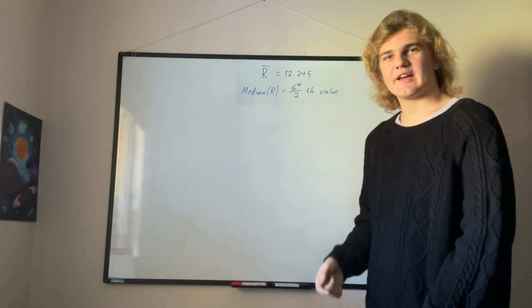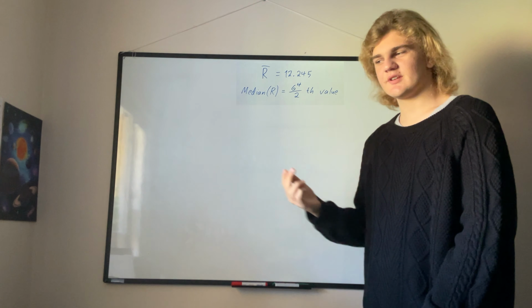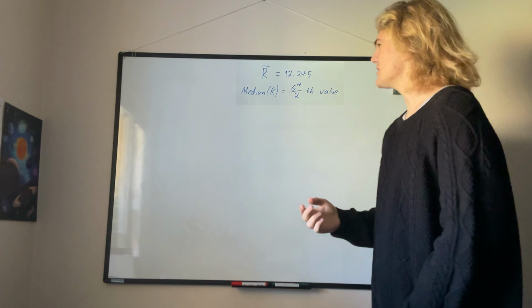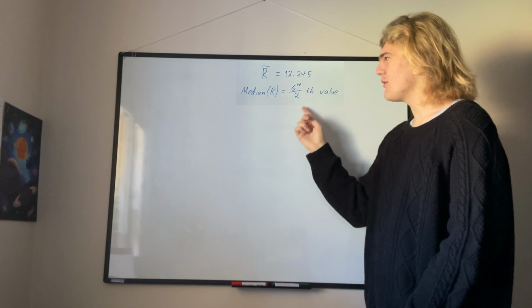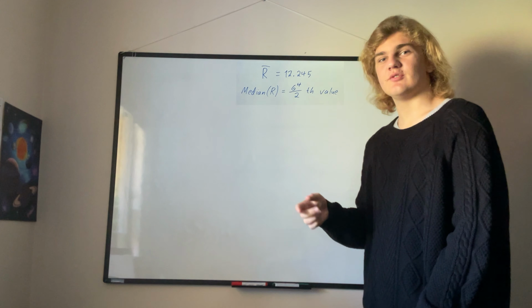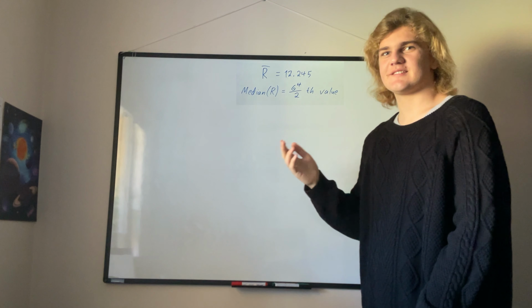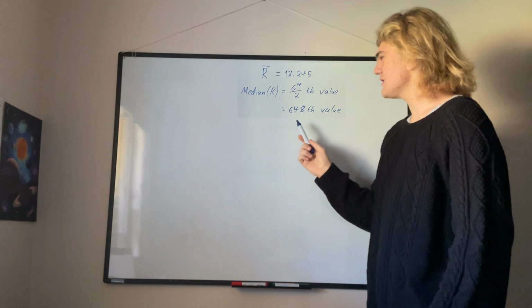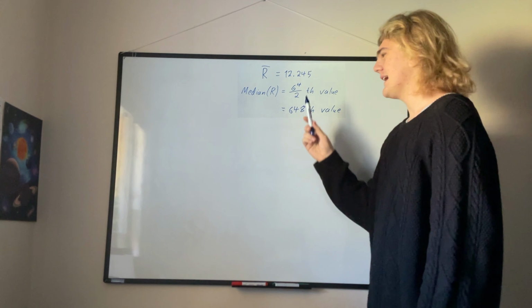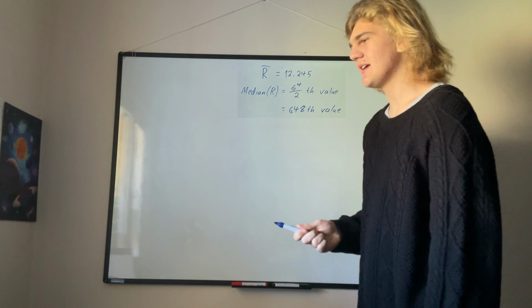The median of the data would be the middle value if we sorted it all from the smallest to largest, and that would be the 6 to the power 4 divided by 2 values. So that's going to be the 648th value in our list of all possible combinations.